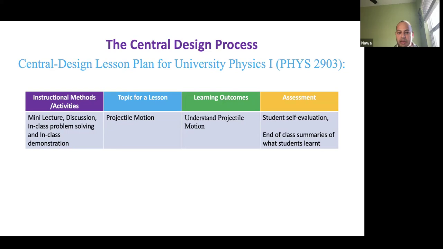Now, I will select projectile motion. And after that, obviously the learning outcome would be to understand projectile motion. And so students will discuss with each other, they will use the resources, maybe they'll do some activities for the demonstration. And at the end, how do I assess if the students have learned or not, if the learning outcomes have been met or not?